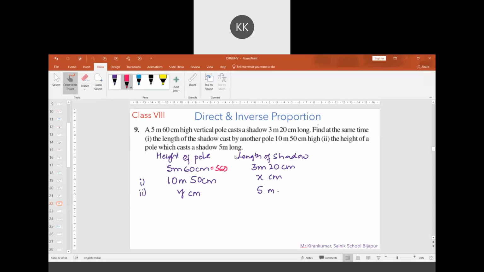This is 320 centimeter. So we have converted in terms of centimeter. This will be 1050 centimeter. I have written 1050 in terms of centimeter. 5 meter is 500 centimeter.